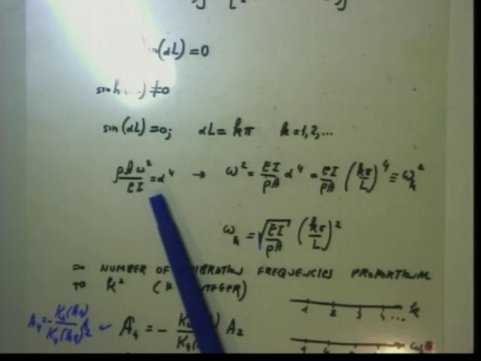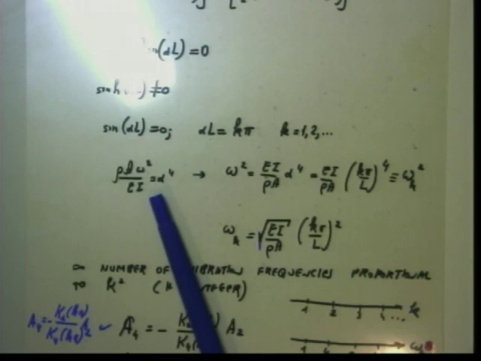But alpha to the fourth power from here equals k pi over L to the fourth power. Because k equals 1, 2, 3, etc., any positive number, this frequency can be denoted as omega k. This is the k-th frequency.